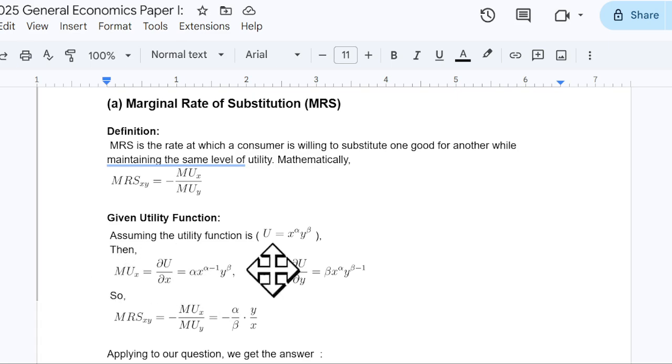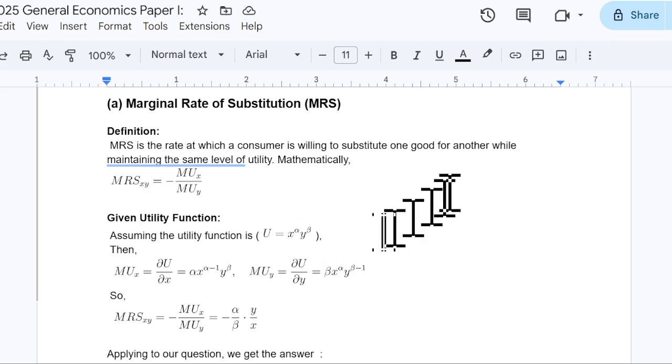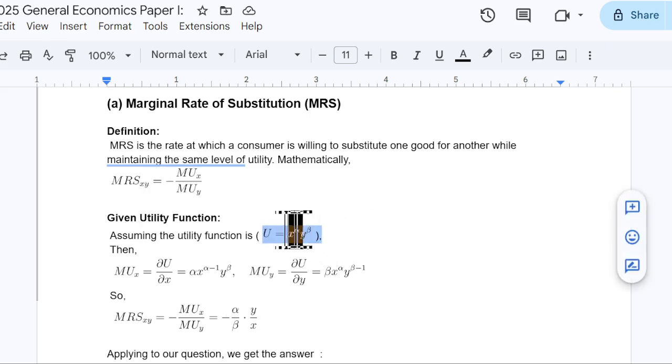When you take the partial differentiation with respect to y, you get MUy, that is the marginal utility of y. Now you substitute these values, do some calculations, and you get the answer negative of alpha y divided by beta x, that is negative alpha by beta into y by x. This is your marginal rate of substitution when the utility function is like this.